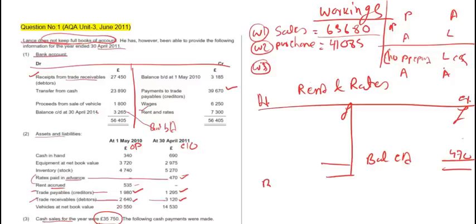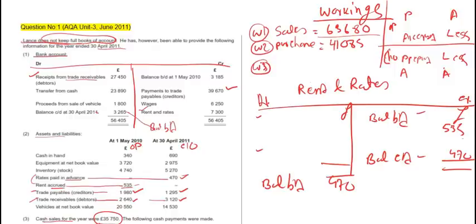On the other side, balance b/d 470, and rent accrued, this is opening accrued, it's less as well. If it is less, as it is opening, it should be balance b/d. Why I'm writing on the credit side, both of these are less, that's why credit side. If it adds, it should be on the debit side because this is a debit account. So balance b/d is 535.